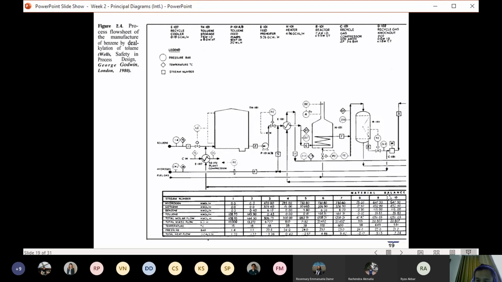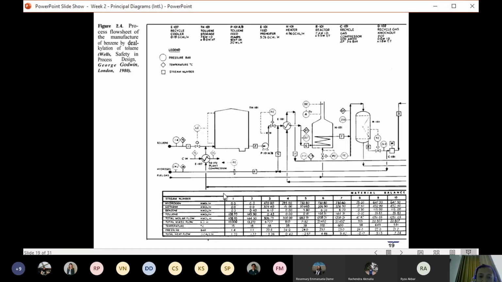This is the material balance table. Actually it is a very long sheet, I just cut it. In this table there is information for each stream number: stream number 1, stream number 2, etc.